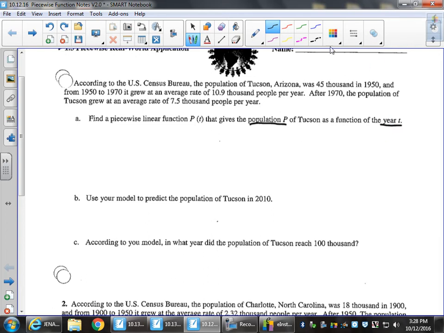So we will start off by making a note of our variables. Our variables will be t, where t is the number of years since 1950, because 1950 is our 0 year. And P of t will be our population in thousands.